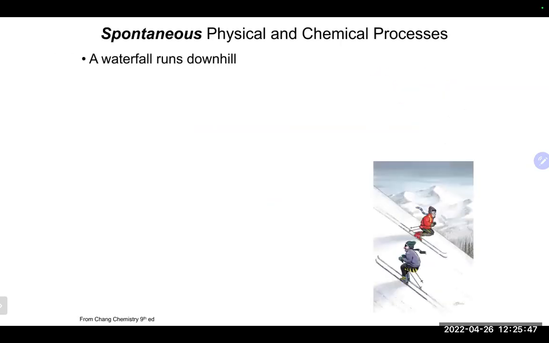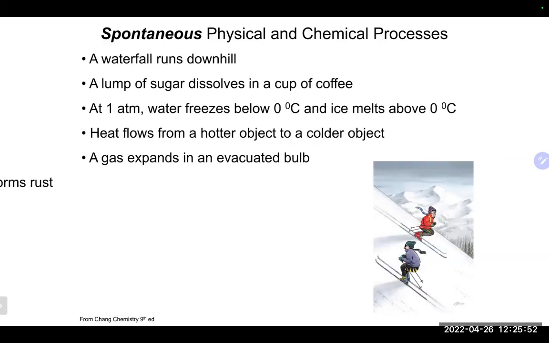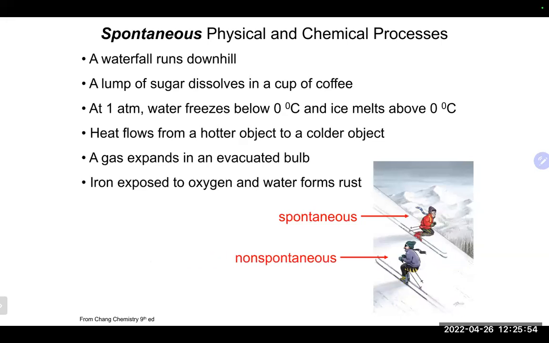So let's talk a little bit about the idea of processes. First off, a lot of what we look at in this chapter deals with not how fast or slow a reaction takes place, but whether or not a reaction is spontaneous. As we talked about when we were talking about kinetics earlier on, when we talk about a reaction being spontaneous, it doesn't necessarily mean that it occurs really fast.